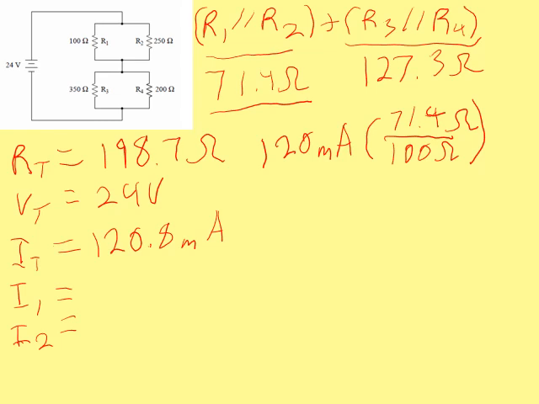So I got 86. We'll just round down on this one, so we'll call it 86 milliamps. So I1 equals 86 milliamps. We know the remainder of that 120 is going to be I2. So 120.8 minus 86.25 equals 34.55 milliamps, I2.